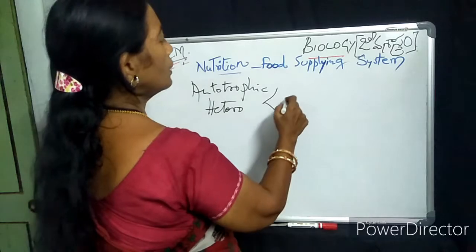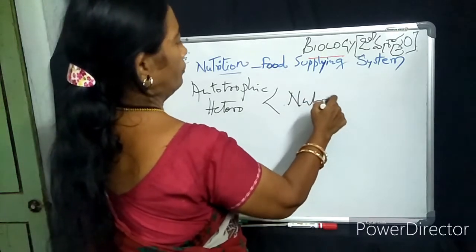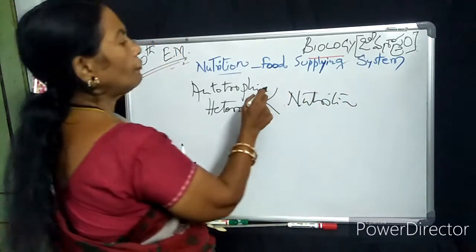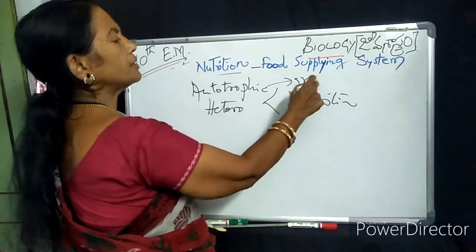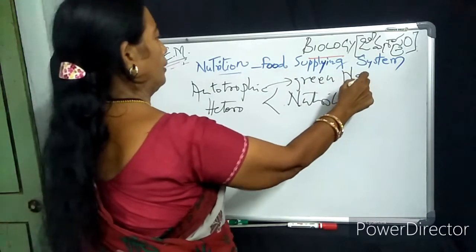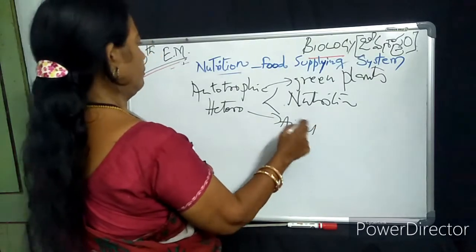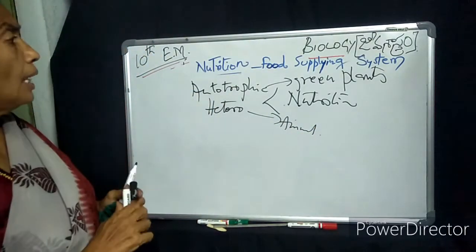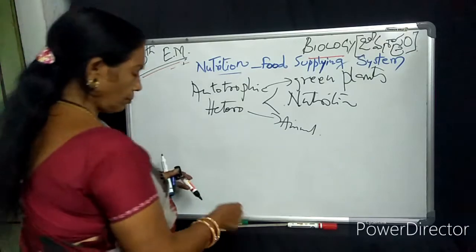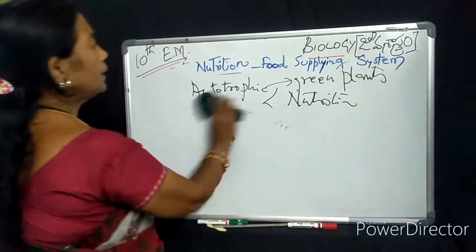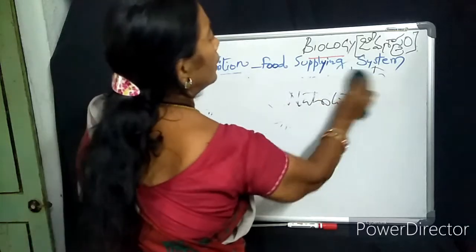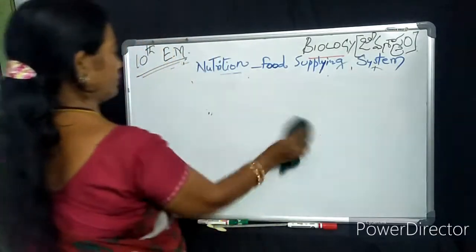These are the two types of nutrition. Autotrophic means in green plants, heterotrophic in animals, and then we already discussed photosynthesis.